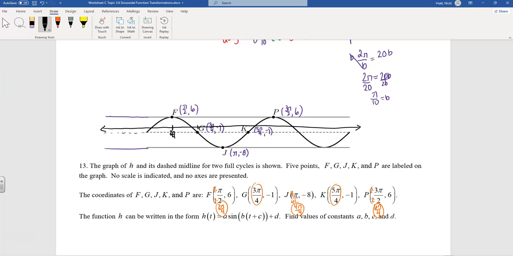And this is 3 pi over 4. And right here is 4 pi over 4. And this is 5 pi over 4. And this is 6 pi over 4. So to get back to the y-axis, I've got to have 1 pi over 4.